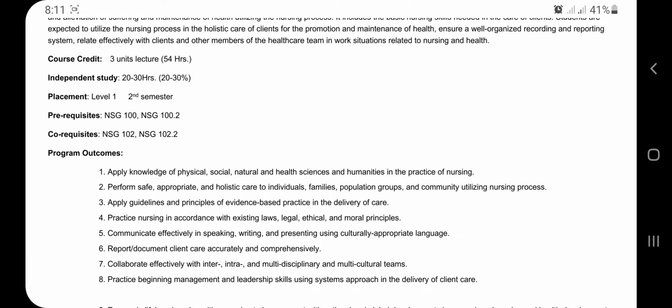Okay? Next one is to report, document client care accurately and comprehensively. Next one is collaborate effectively with intra, and multidisciplinary and multicultural teams. Kasi syempre, hindi ikaw lang yung nag-iisa sa isang team. So you have the physicians, you have the nutritionist, you have the midwives, okay, the medtechs, at iba pang members ng ating healthcare team.